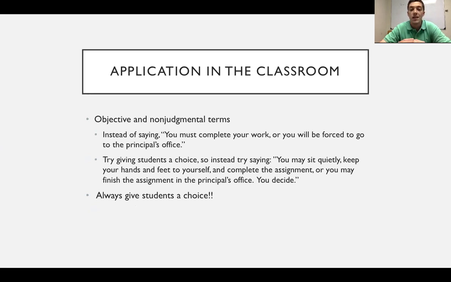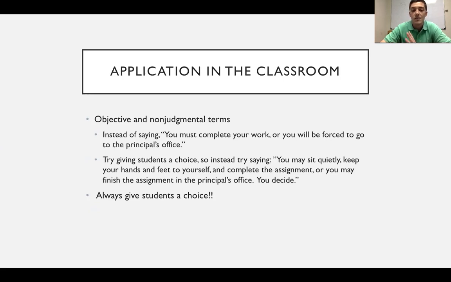Instead of just giving them that one decision, give them a choice, because ultimately you want to make the student choose to be a good student. So instead of giving them this ultimatum, that they have to do their work or they're going to be sent to the principal's office, give them a choice.